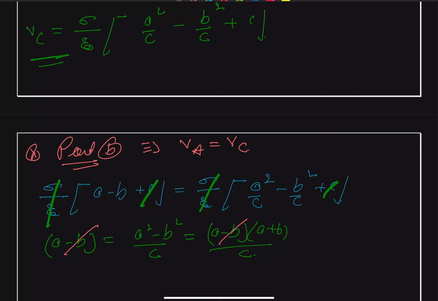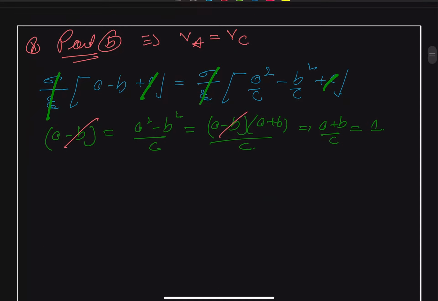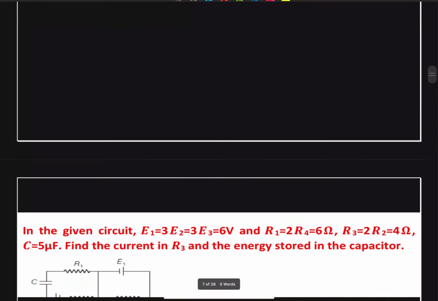Therefore, we get A plus B upon C is equal to 1, which gives us that A plus B is equal to C. So this is the relationship between A, B and C when the potential of A is equal to the potential of C. Next question.